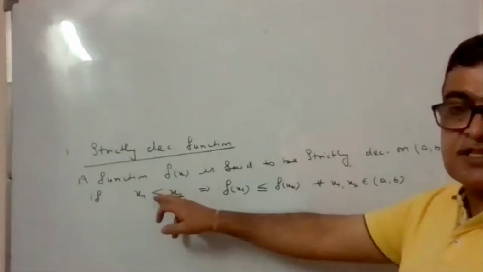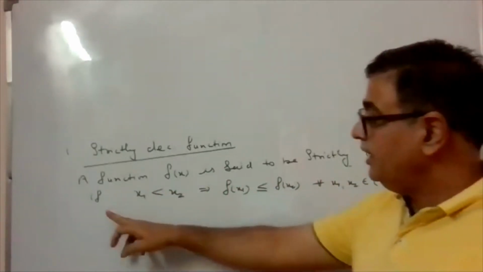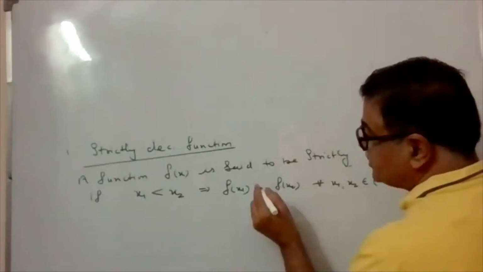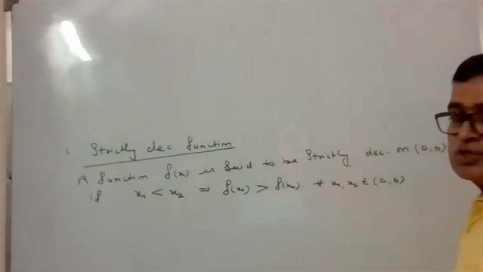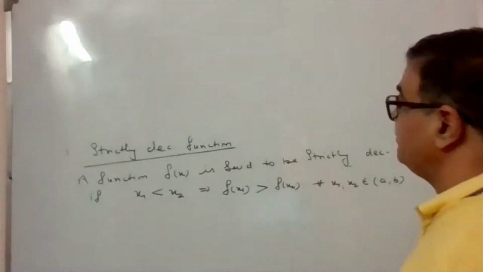A function f(x) is said to be strictly decreasing on (a, b) if x1 less than x2 implies f(x1) is coming greater than f(x2) for all x1, x2 belongs to (a, b).